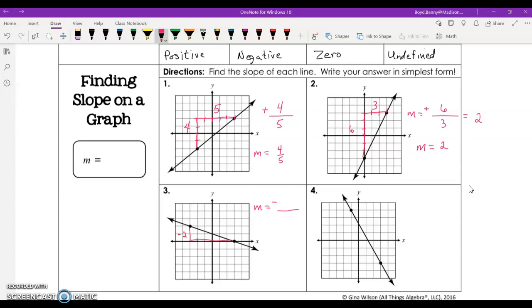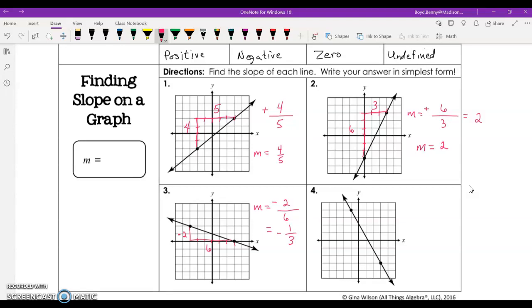And I go 1, 2, 3, 4, 5, 6 spaces to the right. So that would be a negative 2 over 6. Now I'm going to simplify that by dividing both the numerator and denominator by 2. And that's going to give me a slope of negative 1 over 3.